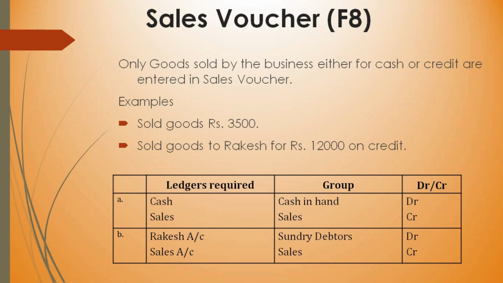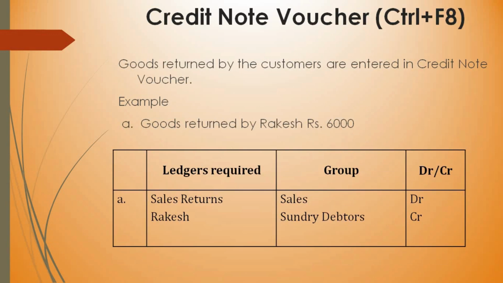Here the sales account will be on the credit side. The other account, cash or Rakesh account, will be on the debit side. So sales is always on the credit side. Just remember this.